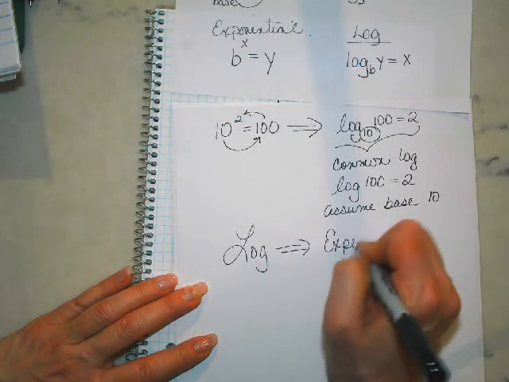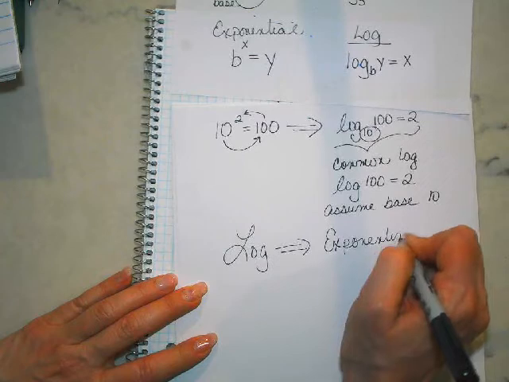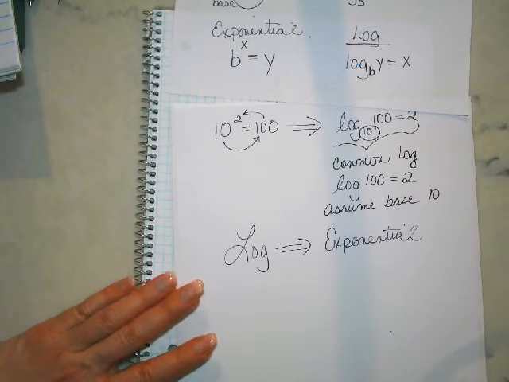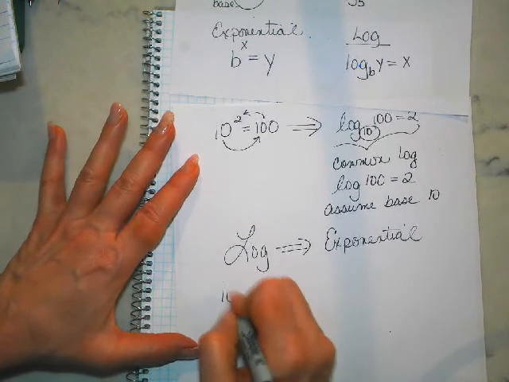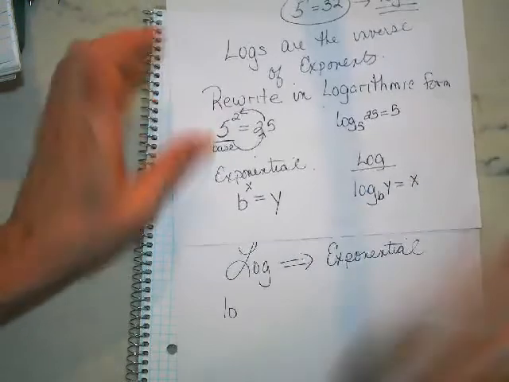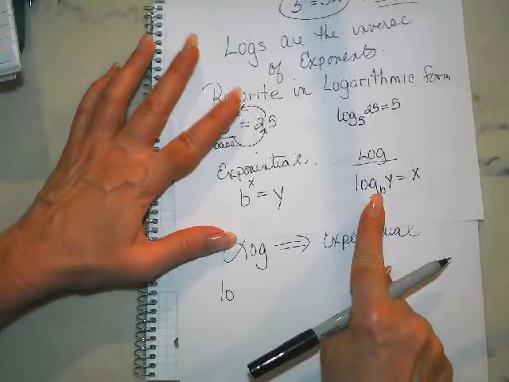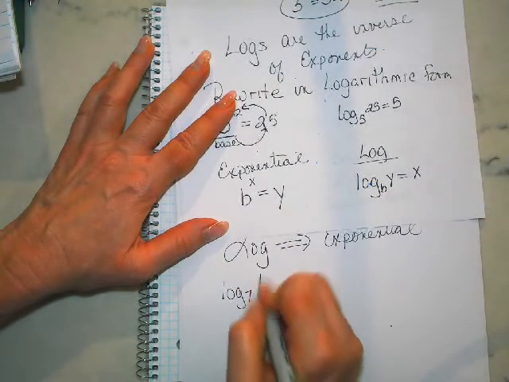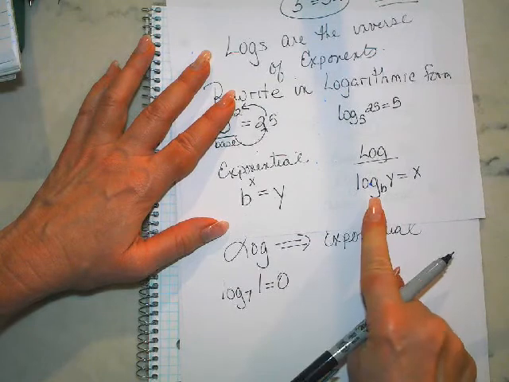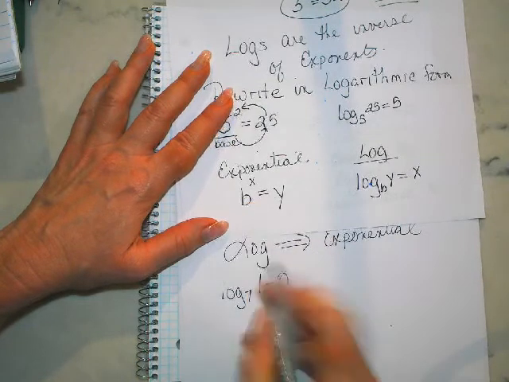To go from log to exponential. Let me bring this back down here so you can see. Now I'm going to give it to you like this: log base 7 of 1 equals 0.